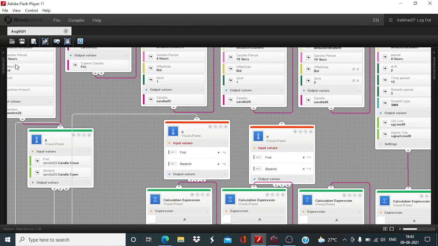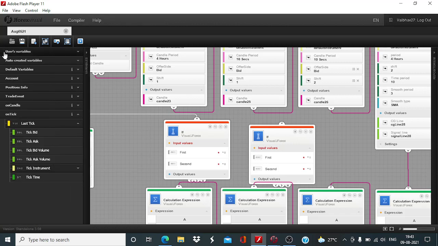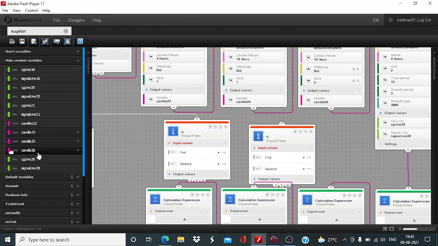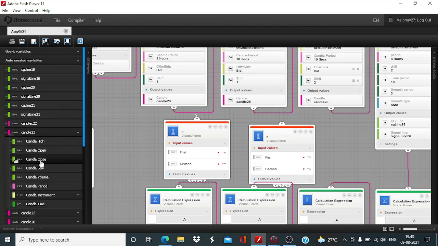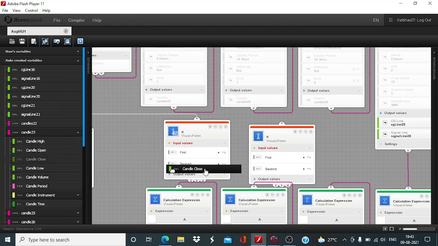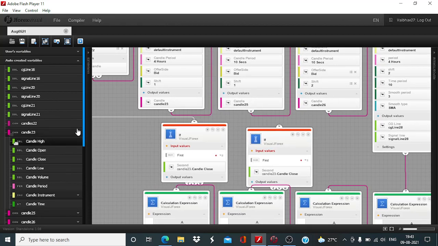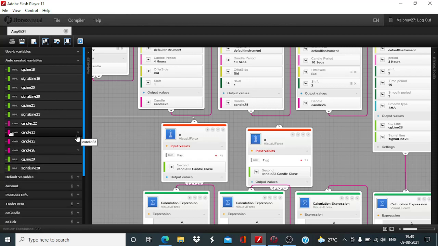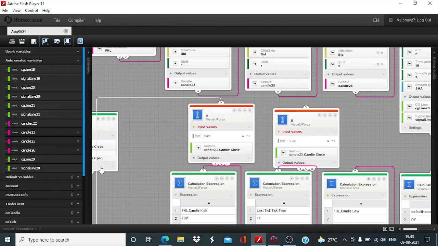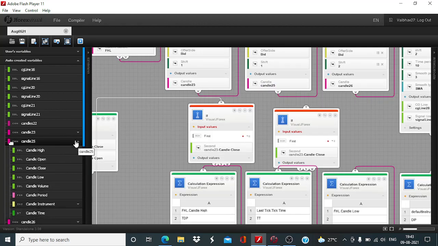So we need to consider candle 23rd's closing value, candle 23rd candle close, and compare it with candle 25 and candle 26 closing levels.